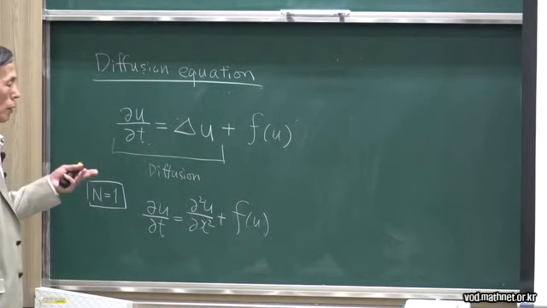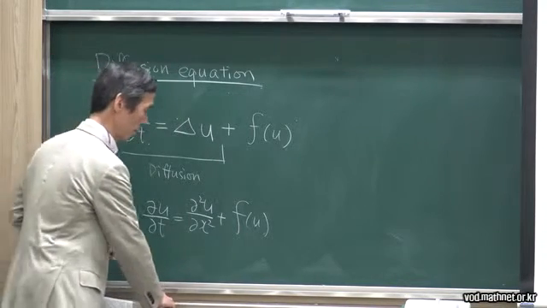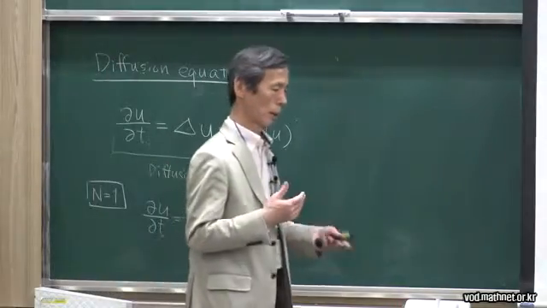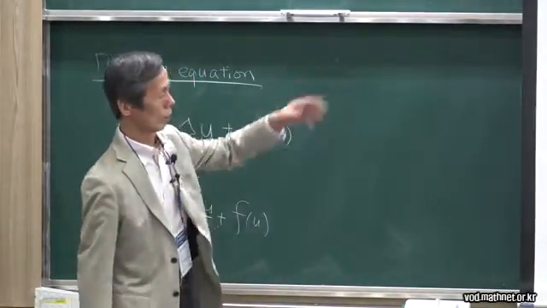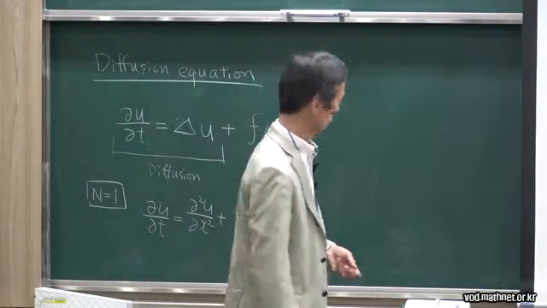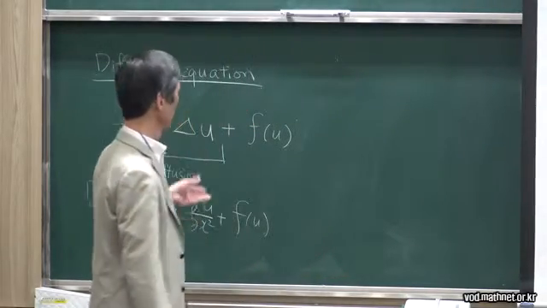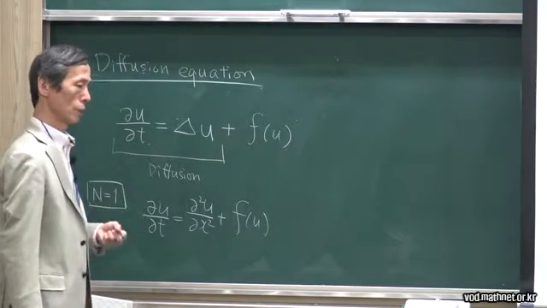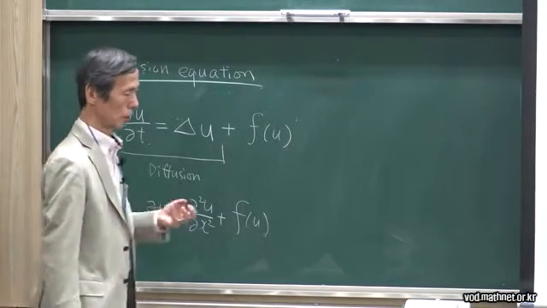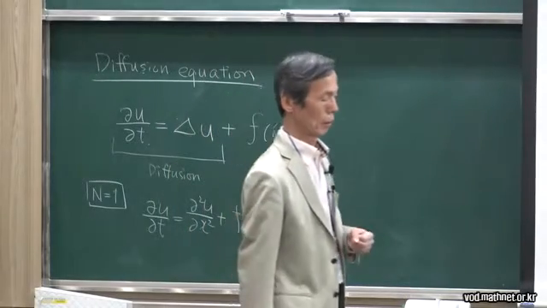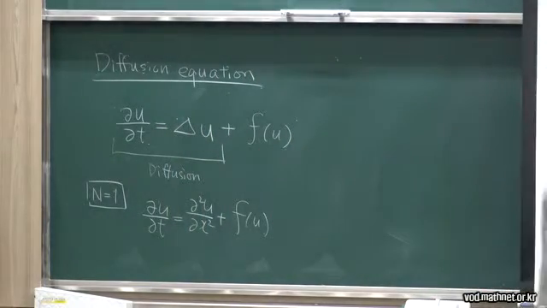This kind of equation also appears in many other contexts. This is a context in mathematical ecology, but it also appears in chemical reaction or physics. For example, Skellam's paper was published in 1951.